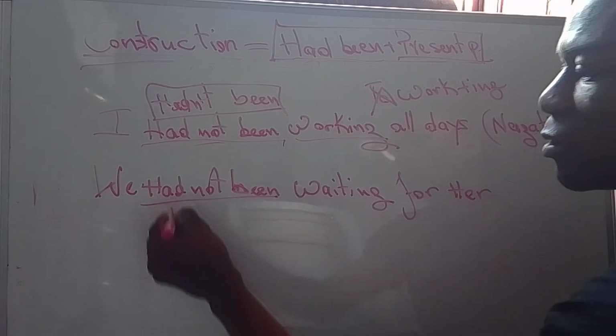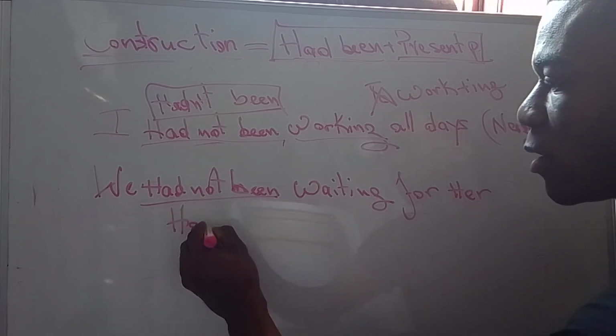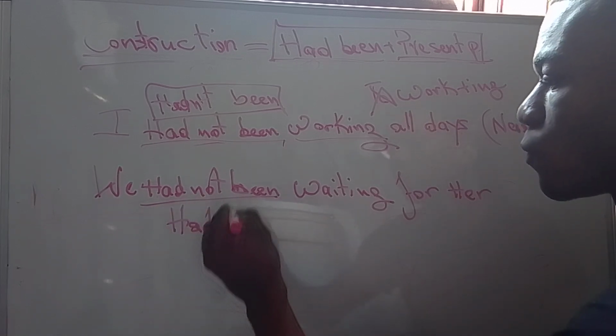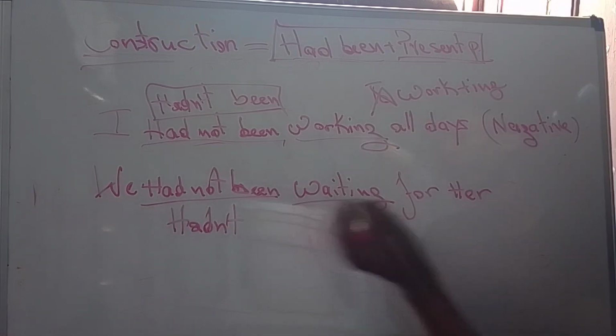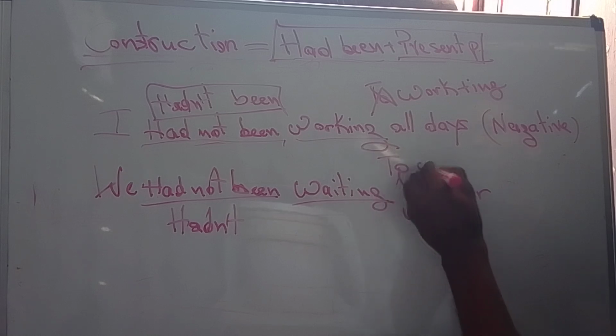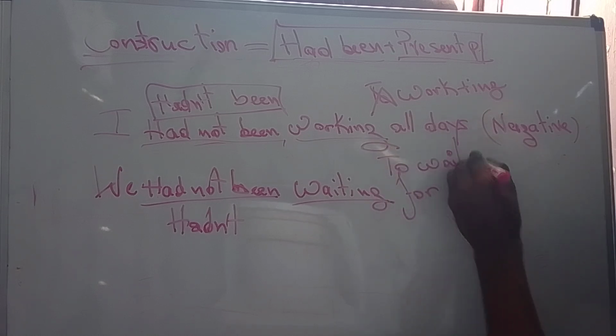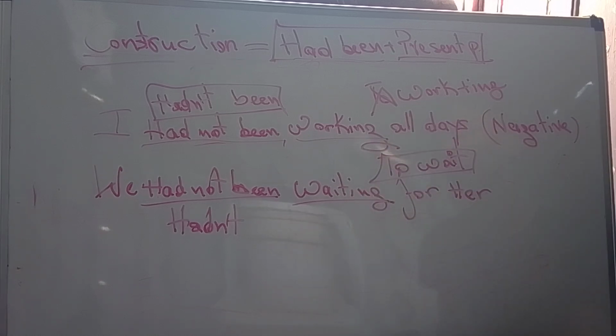Had not been. Remember, you can also say hadn't been. Hadn't been waiting for her. Waiting, to wait. This is the verb: to wait. Make sure you understand.